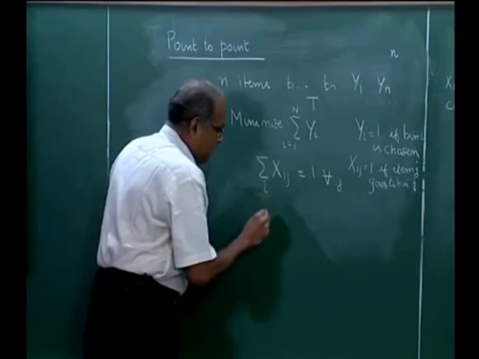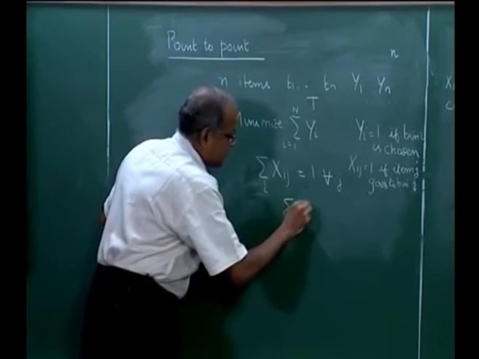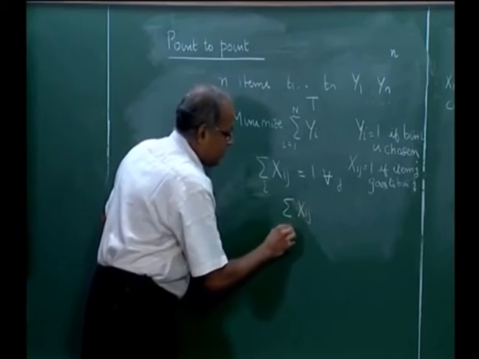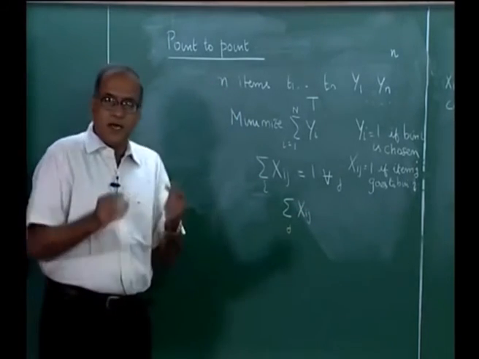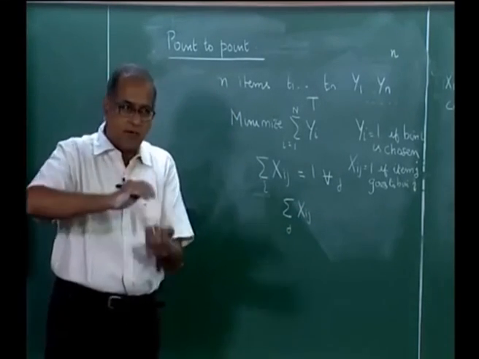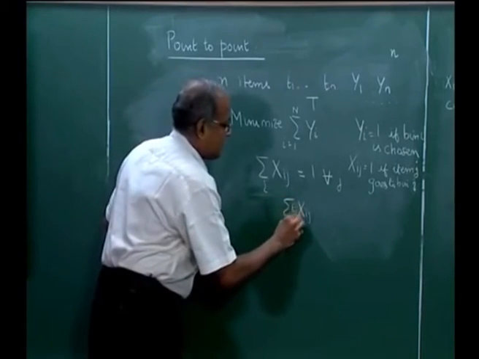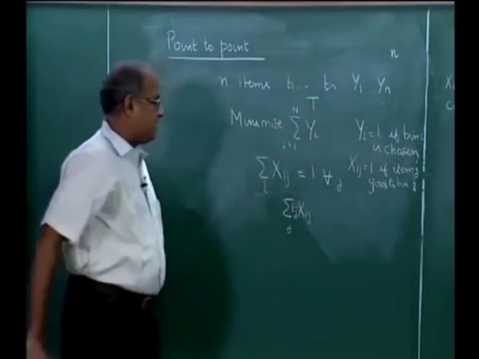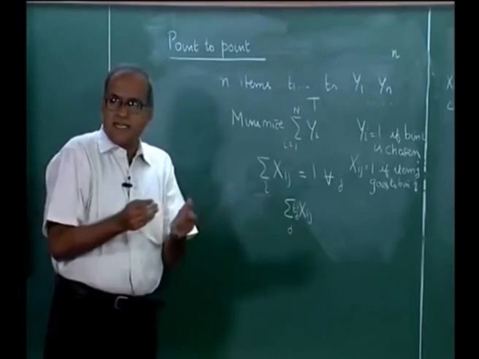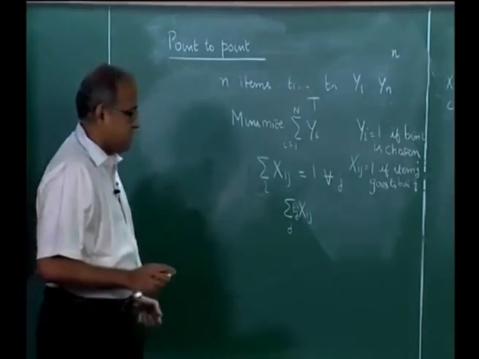Now, as far as the bin is concerned, sigma over j of xij gives the items that go to a particular bin, and tj is the length of the jth item. So, tj xij summed over j is the length associated with this bin.